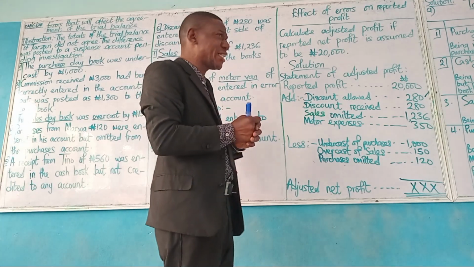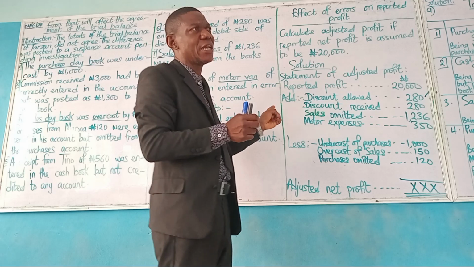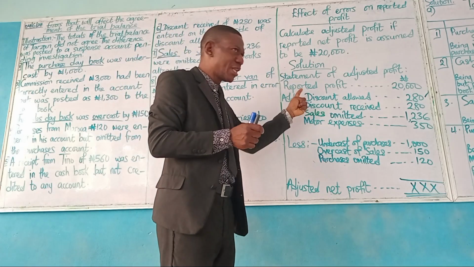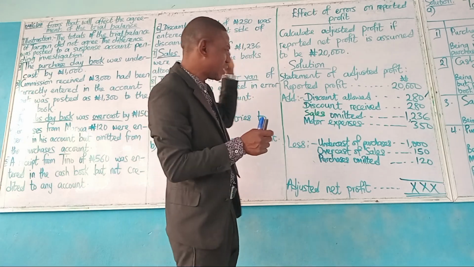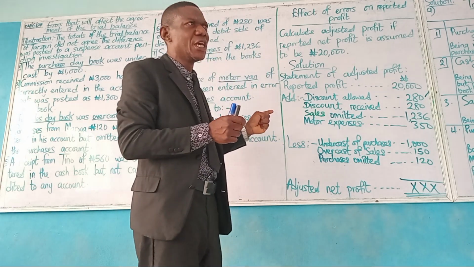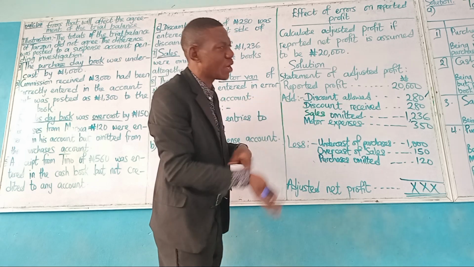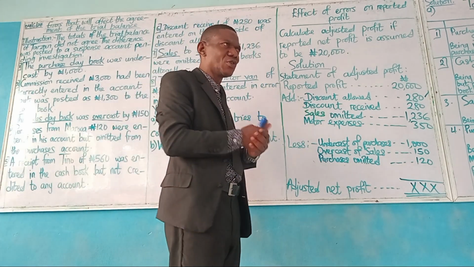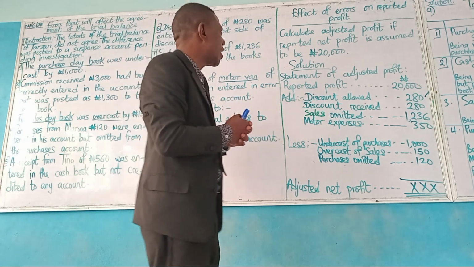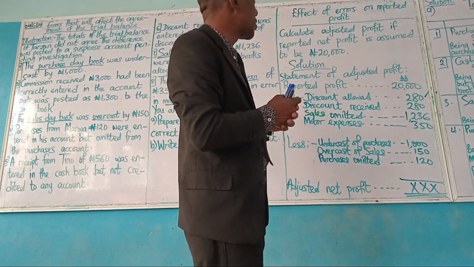If the error has affected an item in the trading account or profit and loss account, then you have to think what the effect was. Was it reducing our net profit? If it reduced our net profit, then we have to add it back. Or if it increased our net profit, then we have to subtract. So that is the idea behind the effect of errors on reported profits.